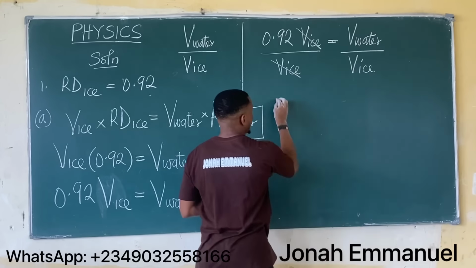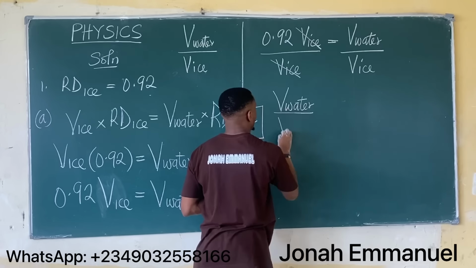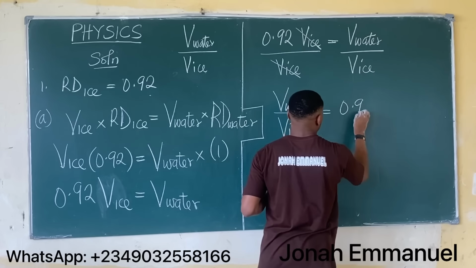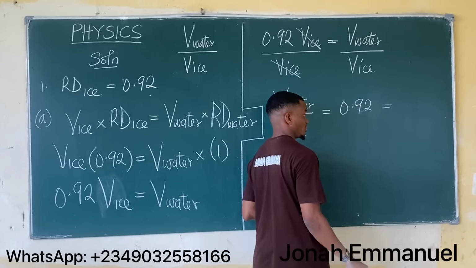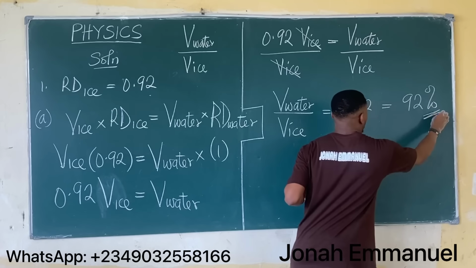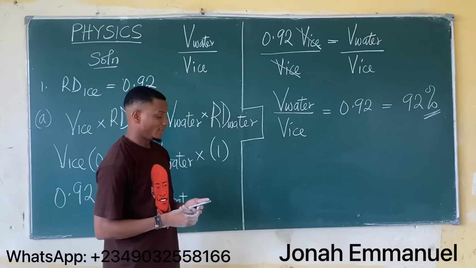Hence I'll have that volume of water all over volume of ice is equal to 0.92. This is also equal to, in terms of percentage, 92%. So this is the fraction of the volume of the piece of ice when it is submerged in water.